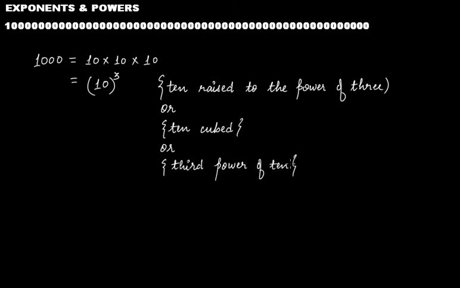Okay, so 3 zeros here. What we do, we simply write 10 and then we put 3 here. Why? Because this 1000 is actually 10 times 10 times 10, 10 into 10 into 10, right?